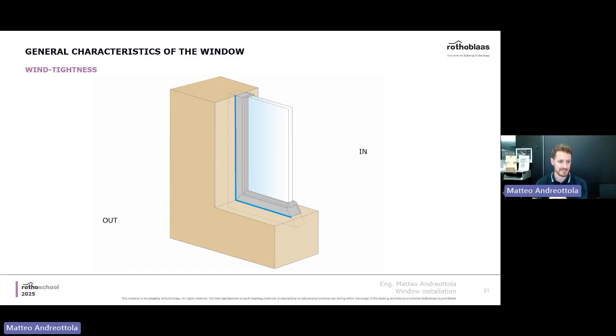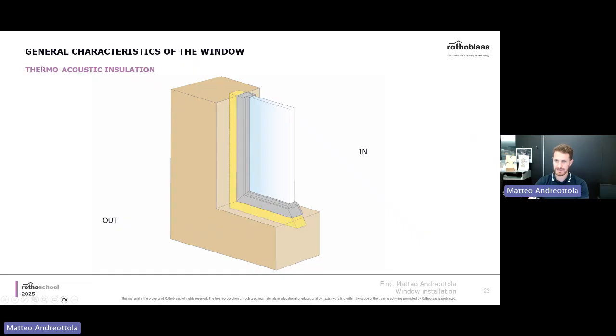We have the wind tightness layer on the outside. That's basically to avoid wind going in, but it's also a crucial point for the waterproofing. It's also there to avoid water getting into your building, which is critical for durability and for the well-being of the structure.